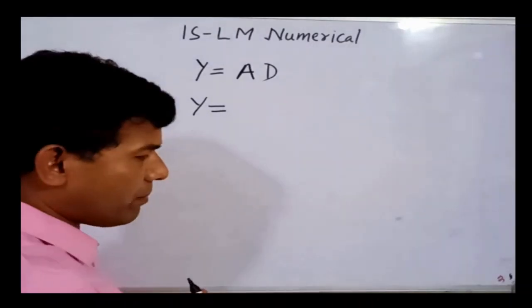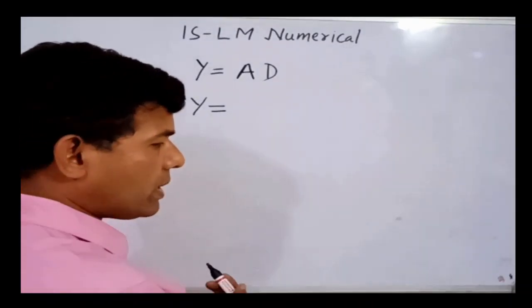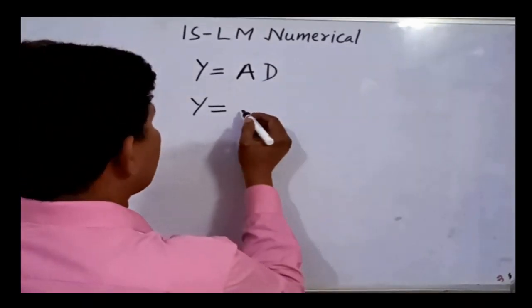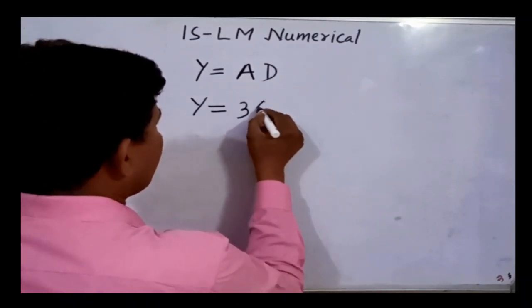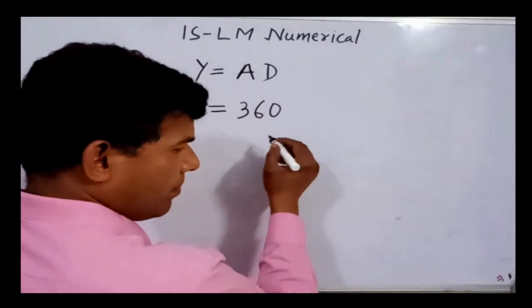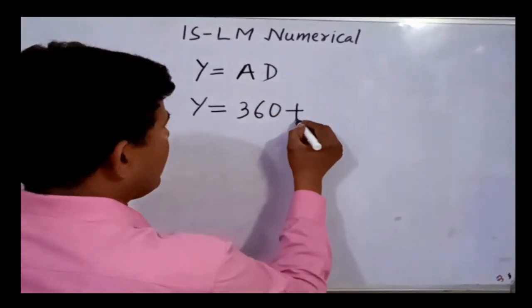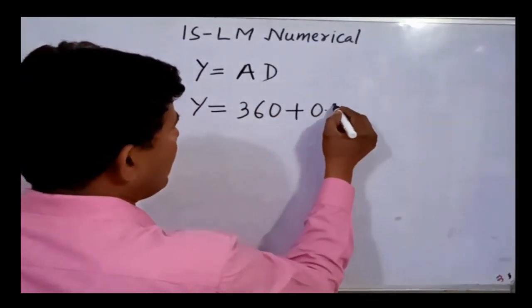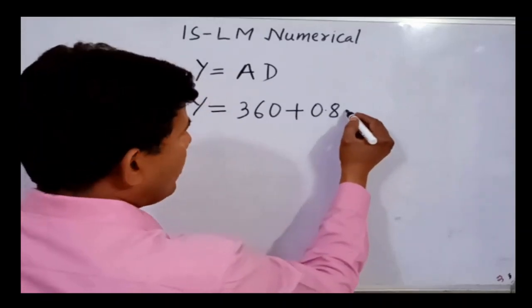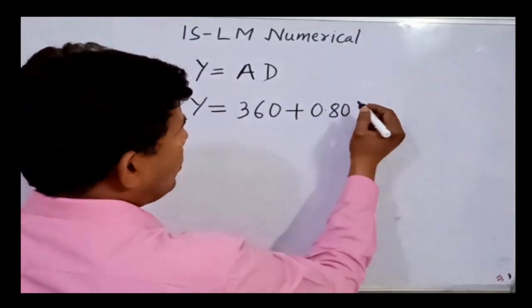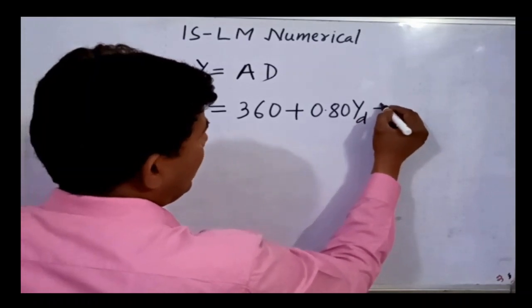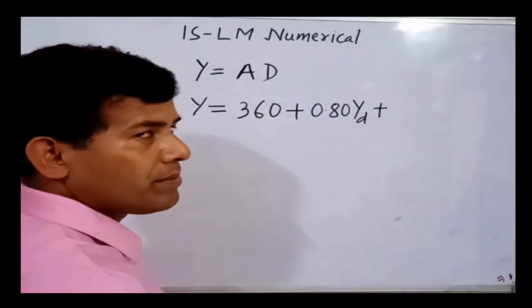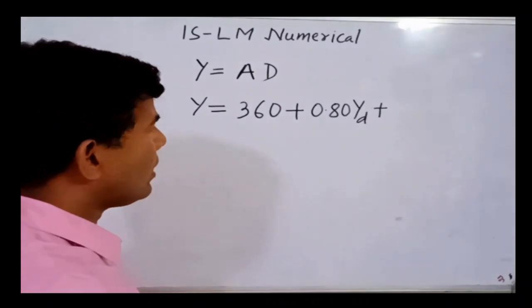We have consumption. What is consumption? Consumption is given as 360 + 0.80 YD. So this is your consumption from the question.